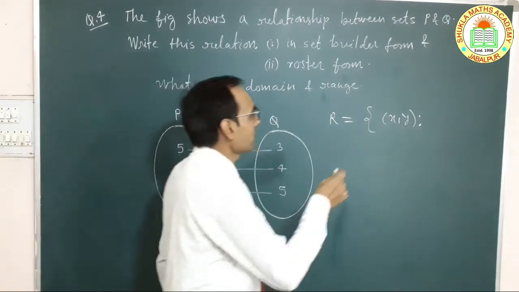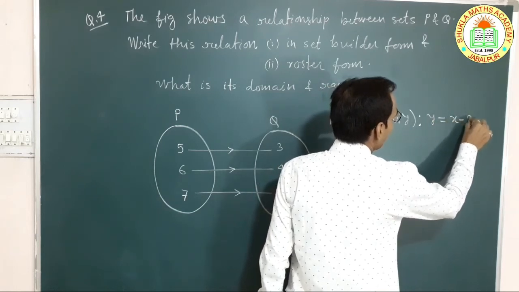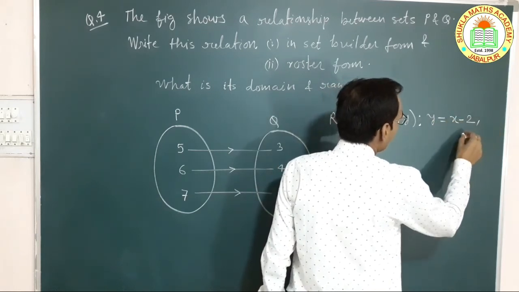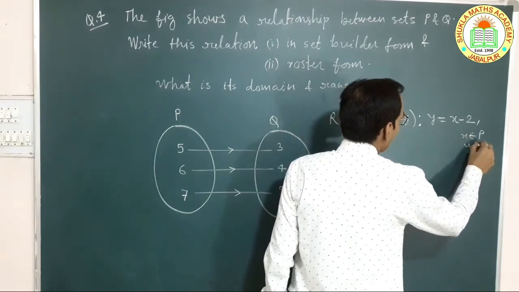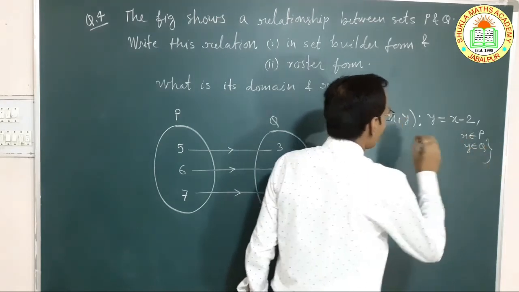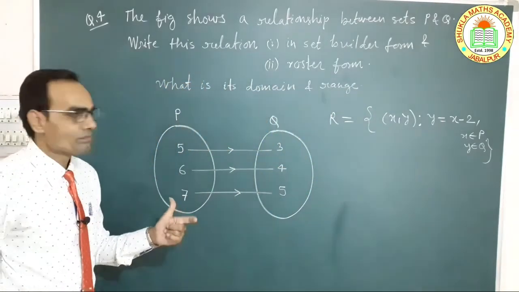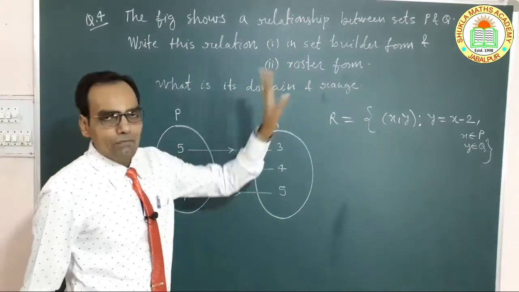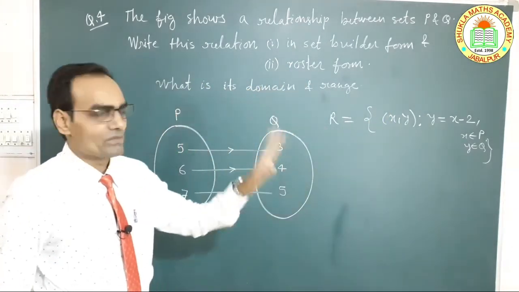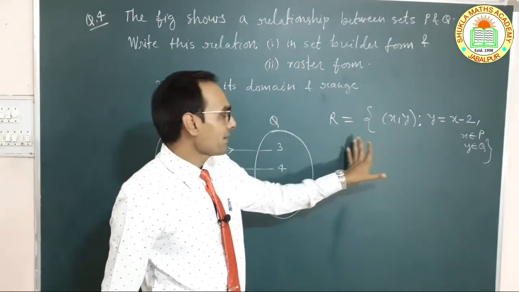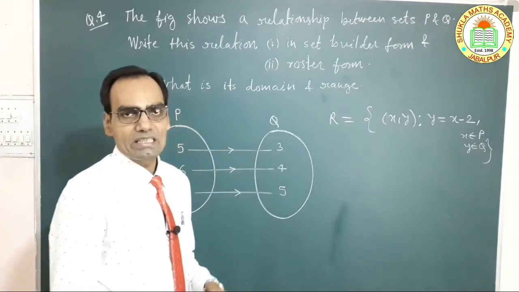So we can define this value of y is x minus 2, right, where x belongs to P and y belongs to Q. So this is the relation given in the figure, and we have to find in set builder form. This is also called set builder form, right, because we are writing this in symbolic form or set form, so it is the set builder form.